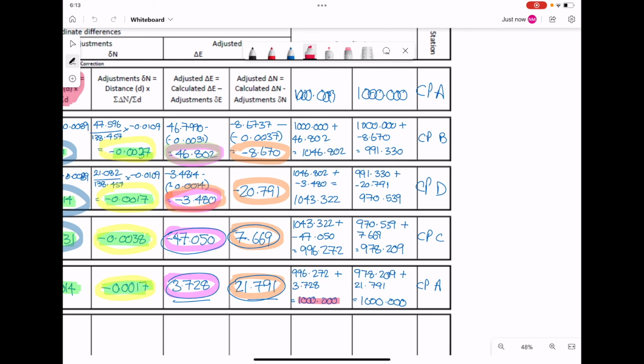At the very end, we have 1000.000 for both easting and northing. That matches the initial coordinates at the very start.